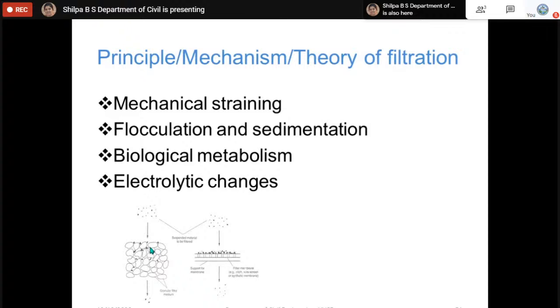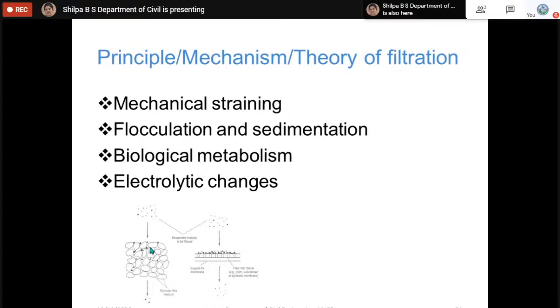At the same time, for the electrolytic changes, the sand is usually positively charged, and the colloids which have escaped from the sedimentation tank possess a negative charge, so charge neutralization, or the electrolytic changes, will take place. These are the four steps involved in the filtration process.